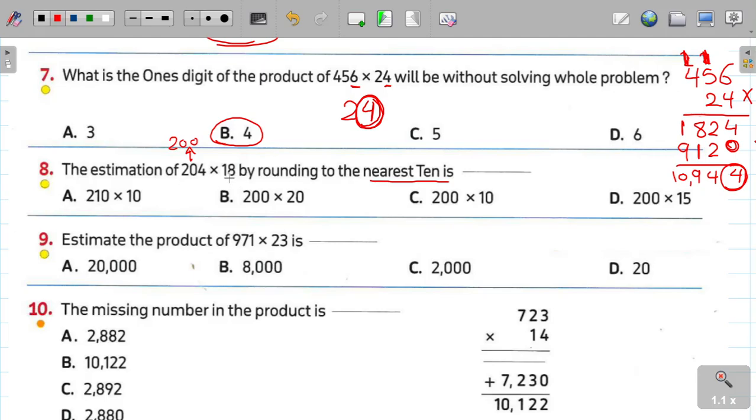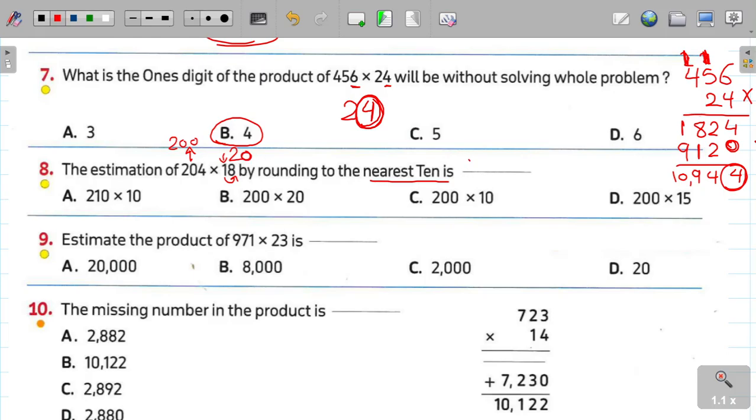Okay, so the next number I have 18, so I will round to the nearest ten. I have 1 and the next digit is 8, and 8 is a strong digit. So I will add 1 to 1. So it will be 2 and 8 will be 0. So I have 20.